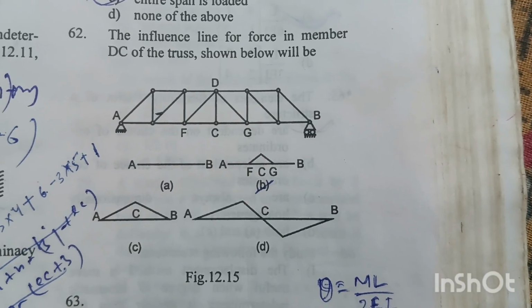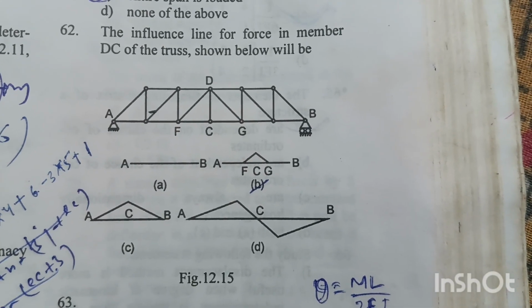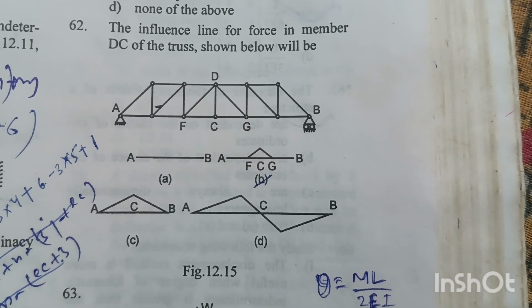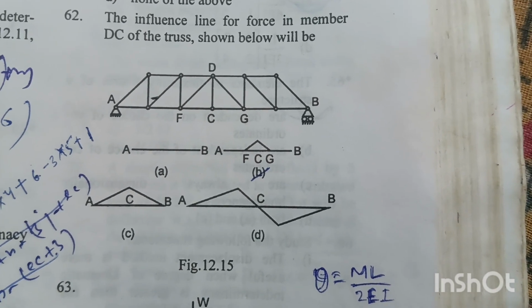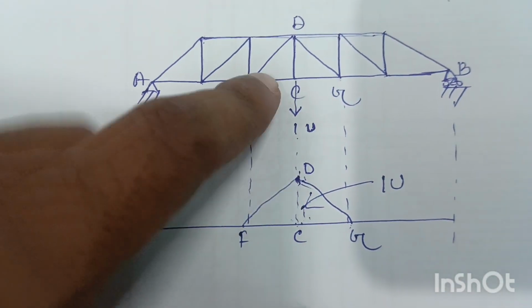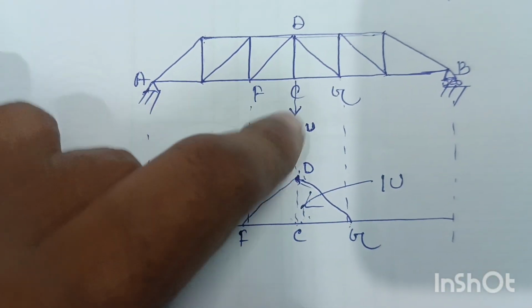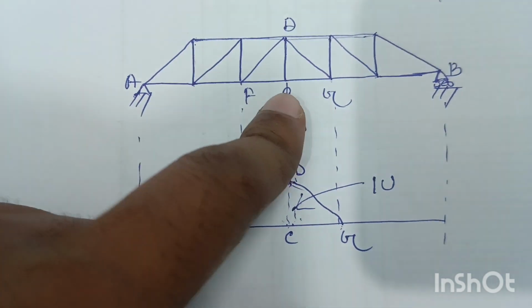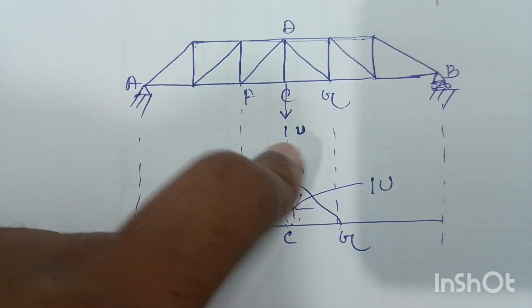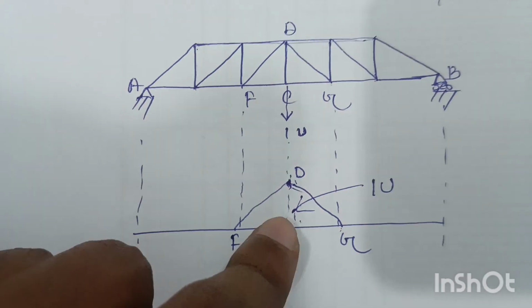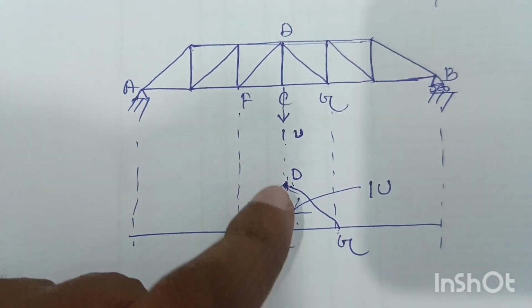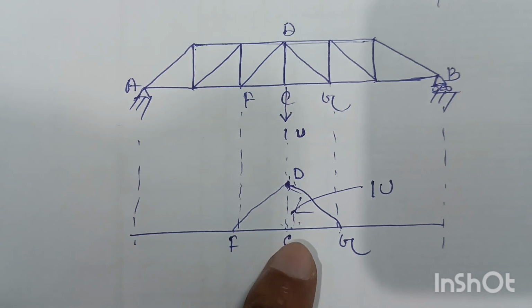Question number 62. The influence line for force in member DC of the truss shown in figure 12.15 will be. As per the question, the unit load will be at C. So the force in the member DC, a member of the truss, will be 1 unit. The influence line diagram of this member DC will be triangular in shape.